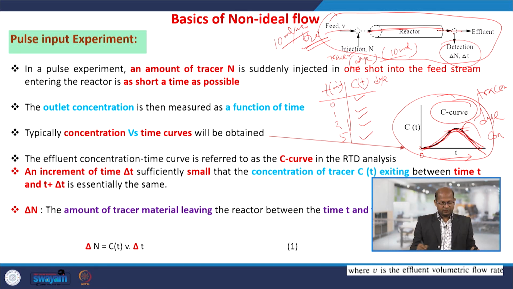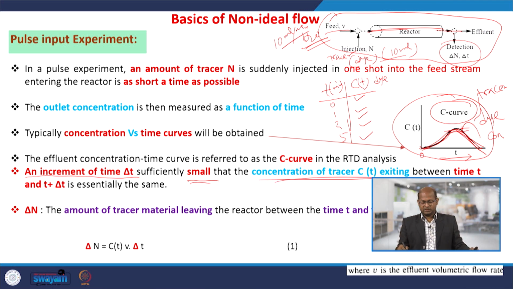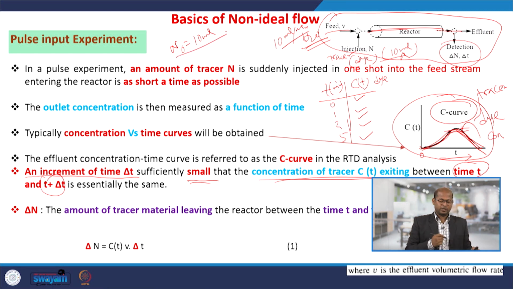So, now how do we develop these equations? Let us say a very small time, delta t. We want to measure the concentration of the tracer from the exit between time t and t plus delta t. We have injected 10 ml of tracer, N0 equals 10 ml. If you do not know how much quantity you injected, that can also be found from this graph.